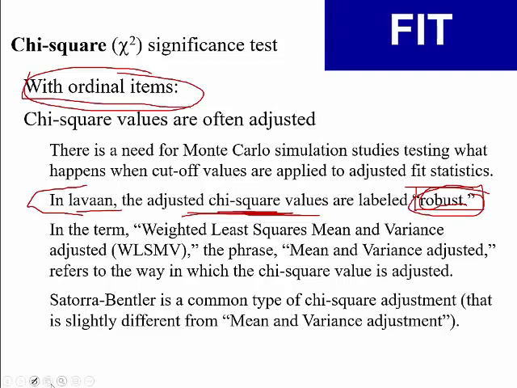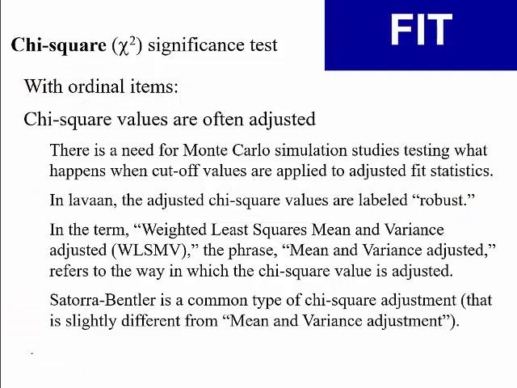When I talked about diagonally weighted least squares, I gave you some different types. We talked about how diagonally weighted least squares is the same thing as robust weighted least squares, which is the same thing as weighted least squares mean and variance adjusted. Noting that the phrase mean and variance adjusted refers to a particular way in which this chi-square value is getting adjusted.